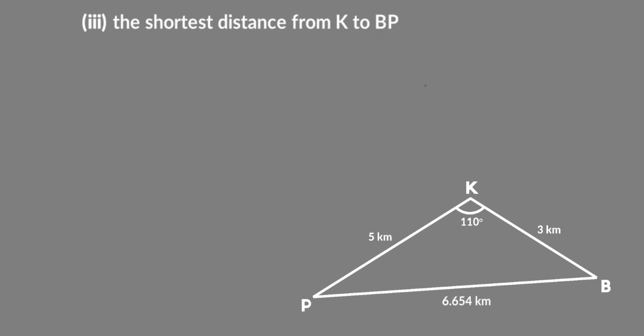And we know that for us to find the shortest distance, which is just the height, we use this simple formula: H is equal to 2A divided by B. B being the base or the side to which the shortest distance will touch. The shortest distance is from K to BP, so our side is BP.